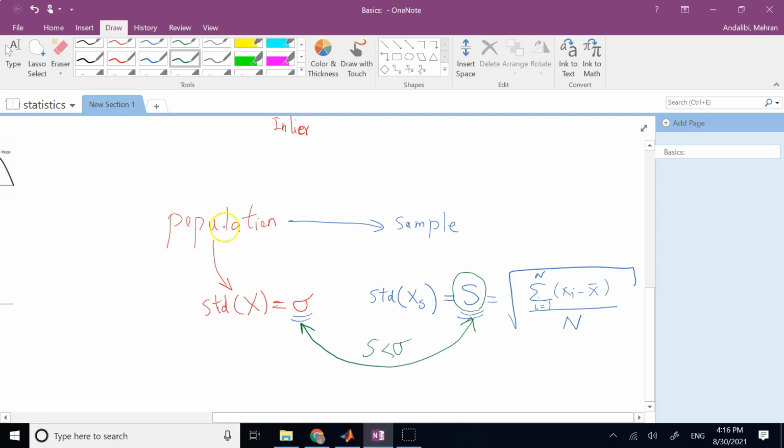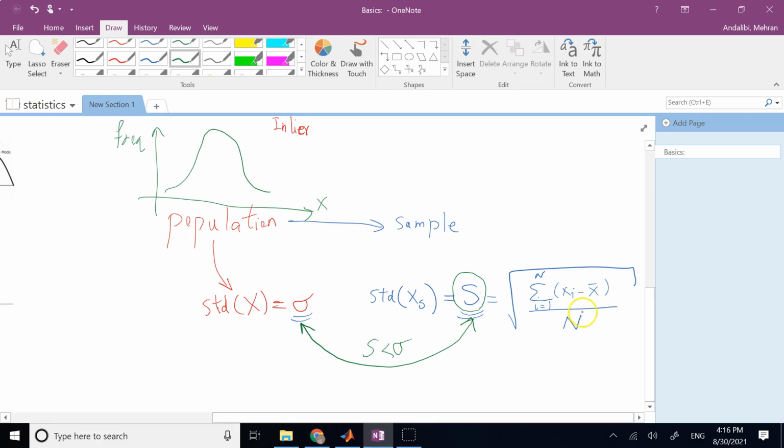This assumes that the population has a normal distribution on that variable x. If the distribution of x is normal, you can show that if you use a formula with n in the denominator instead of n minus 1, s is always underestimating sigma.